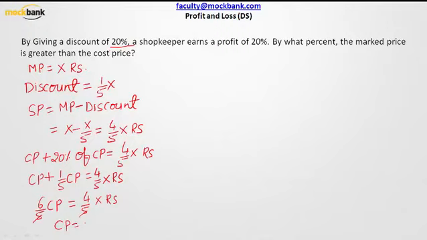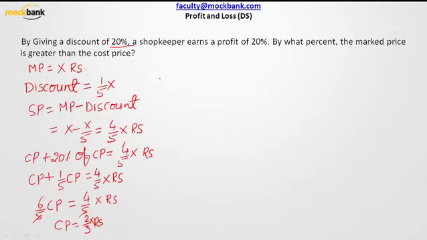Our cost price is two-third of the marked up price. So if the marked up price in this case is X rupees, our cost price will be two-third of the marked up price. Now if I have to sell this product at the marked up price, how much profit am I going to make?